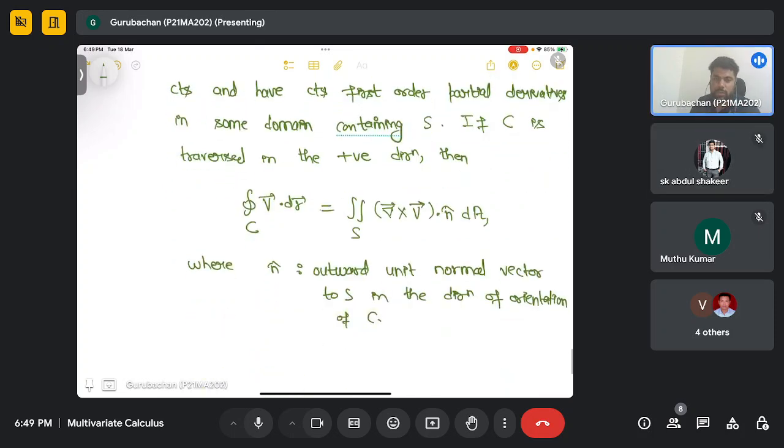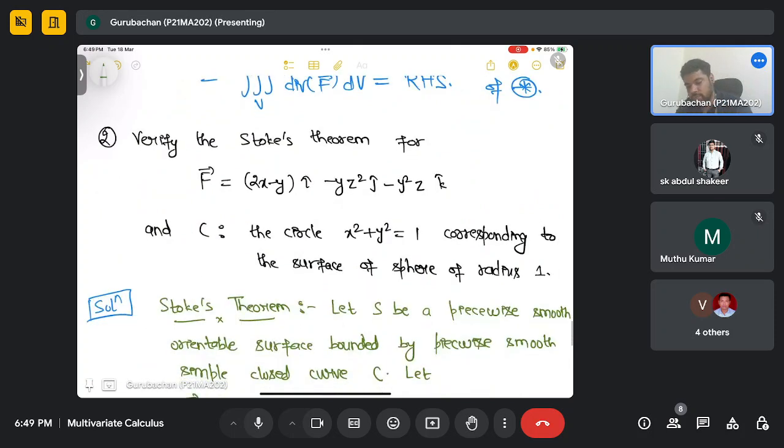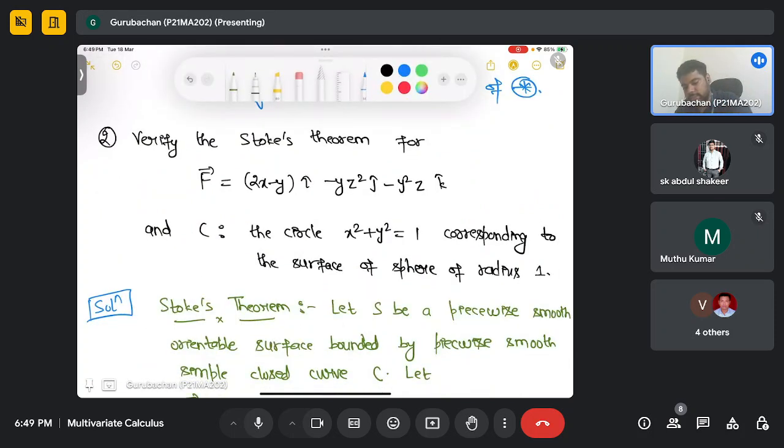Anti-clockwise, or you can say counterclockwise. Then this line integral is equal to the surface integral. So we need to verify this quantity. Let us consider this force field.